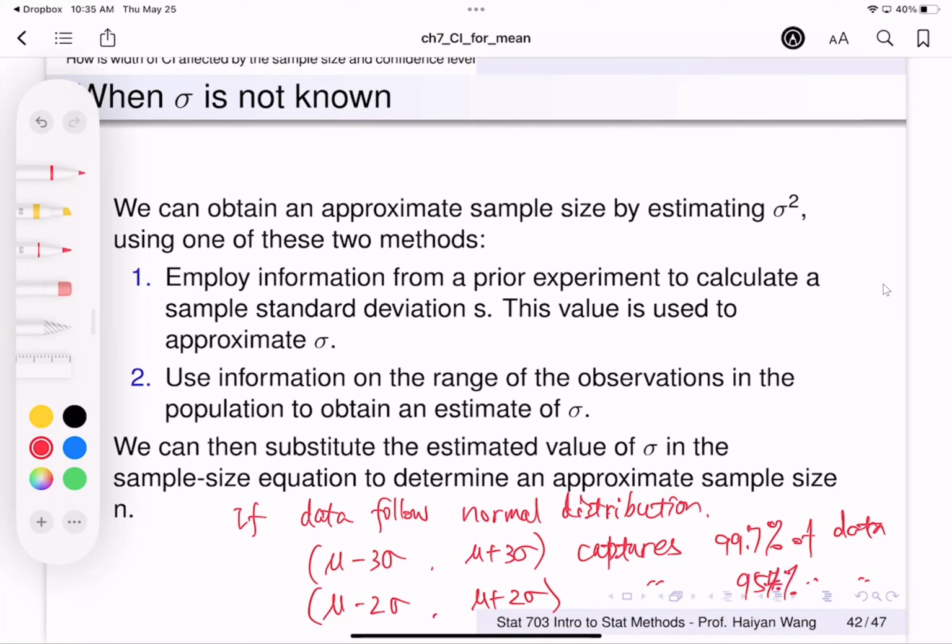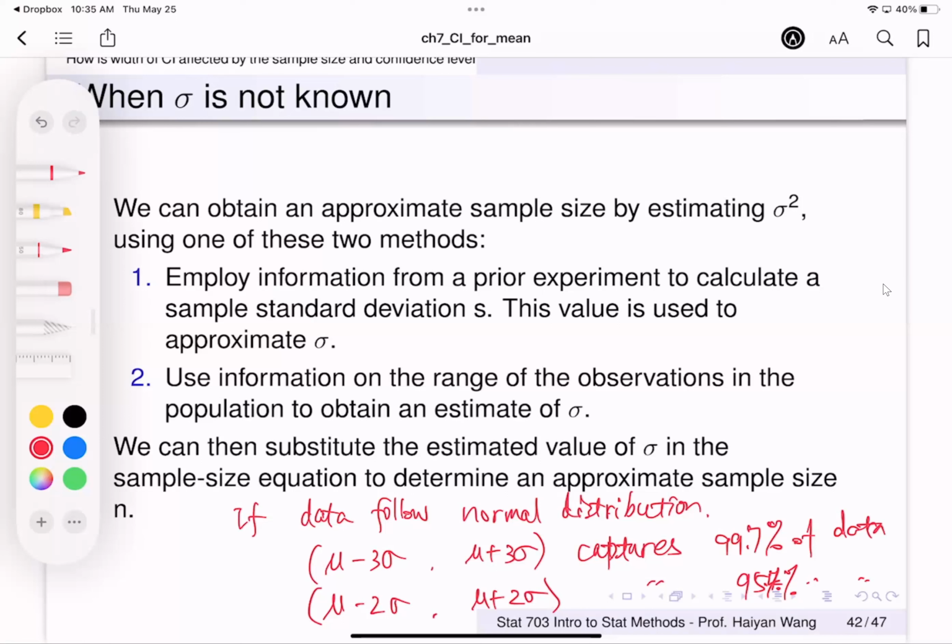So if you know the range, definitely you want all of the data to be within a certain number. So for example, all of the data is between 10 and 20. In that case, you are really specifying that from 10 to 20, this spread of 10 is 6 standard deviations.